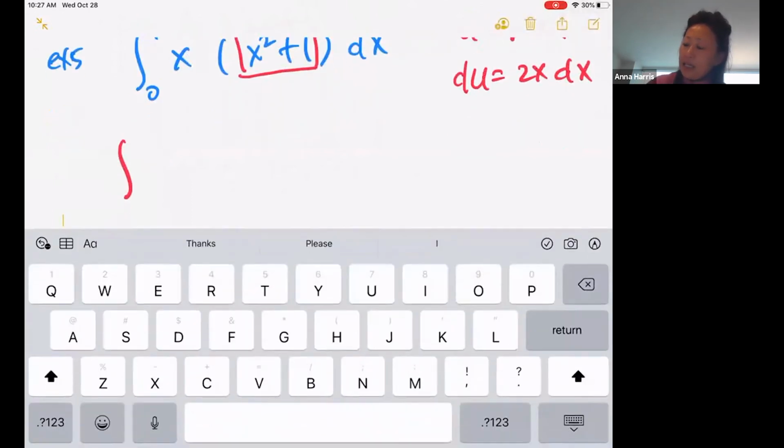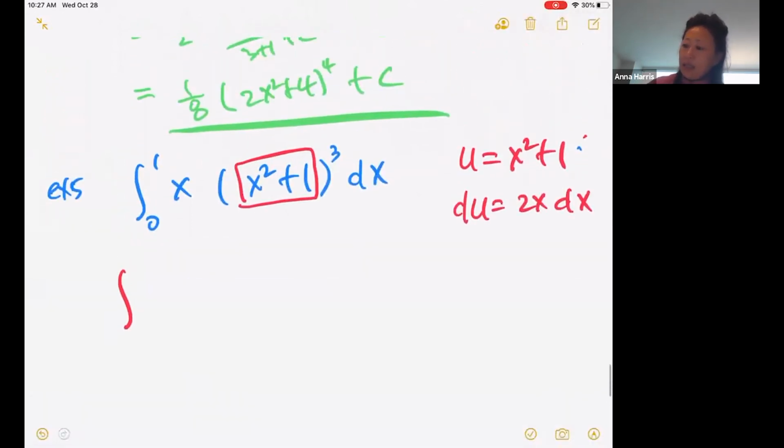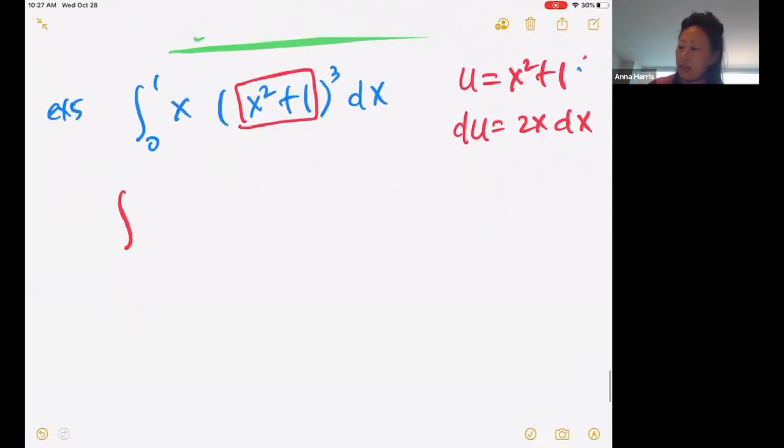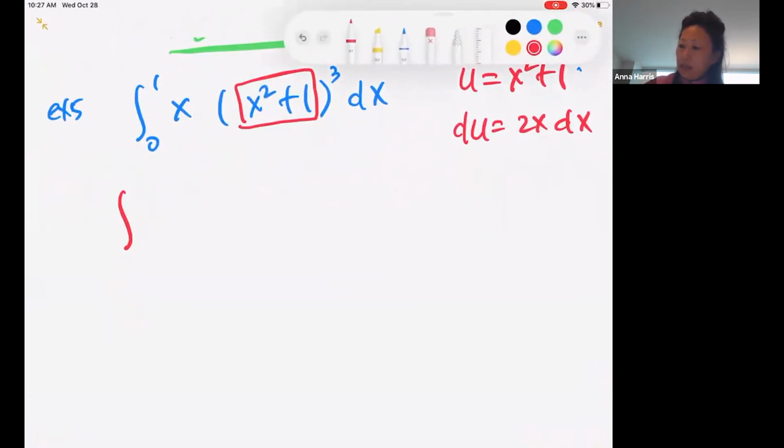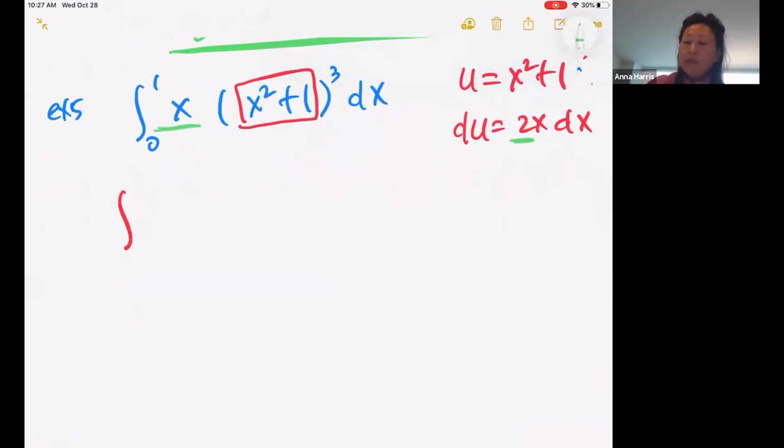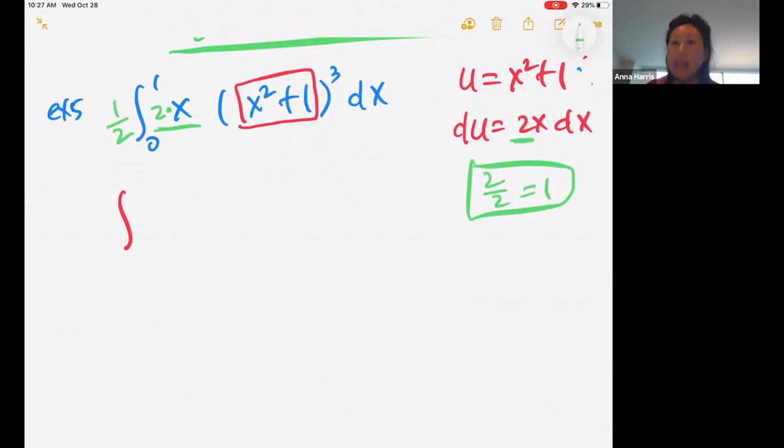I need a 2, but I don't have a 2. So I'm going to just multiply by 2 and divide by 2, because 2 divided by 2 is the same as 1, remember that. All right, now I have a u to the third and du, and I have 1/2 in the front.